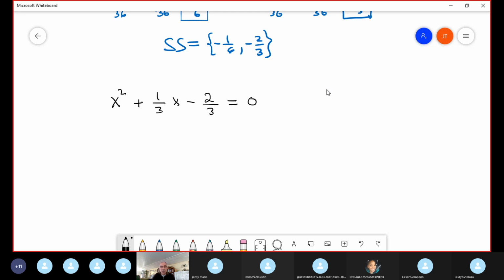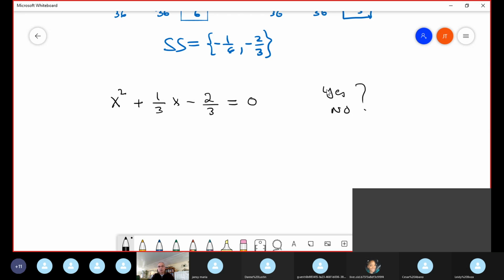Again, my question is, is this a quadratic equation, yes or no? Yes. Is this quadratic equation already expressed in standard form, yes or no? Yes, it's already expressed in standard form.